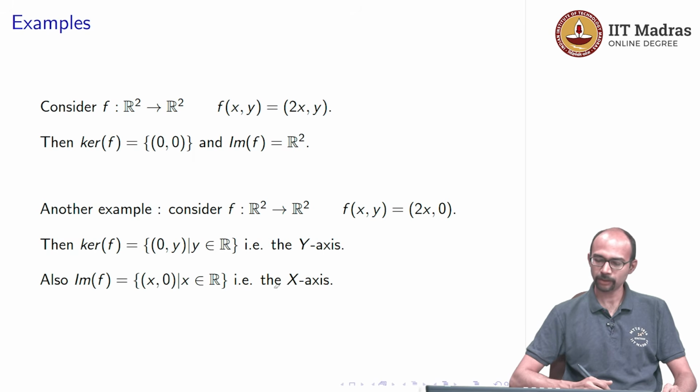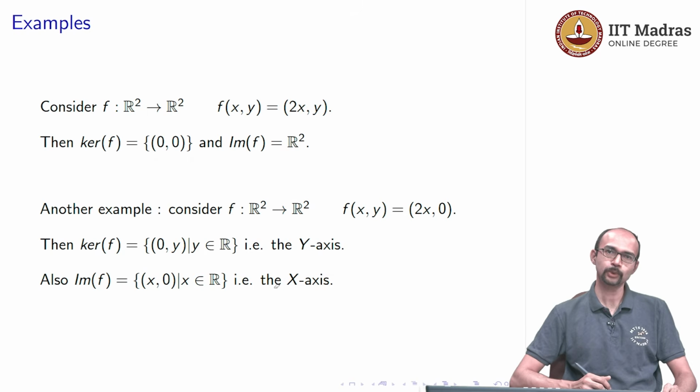Okay, and what is the image of f? Well, you have f(x, y) is (2x, 0). Now suppose you look for an element (u, v) and you ask when can (u, v) be equal to (2x, 0). The first thing you need is that v is 0. That means this vector must lie on the x axis, and then we have to ask whether on the x axis it can take all possible values.